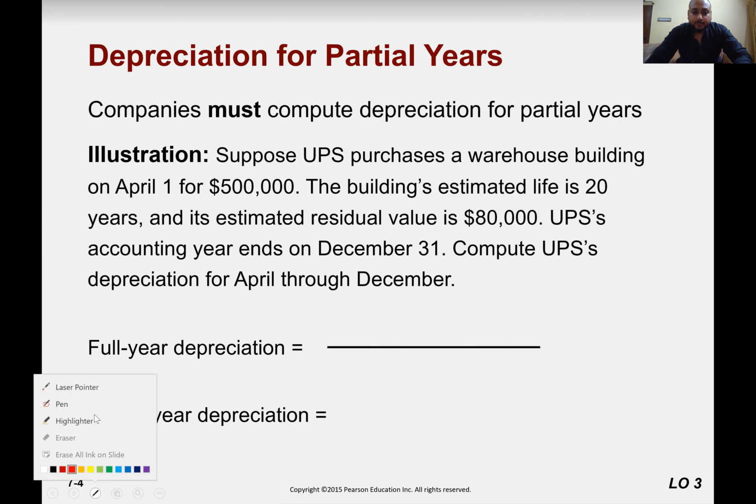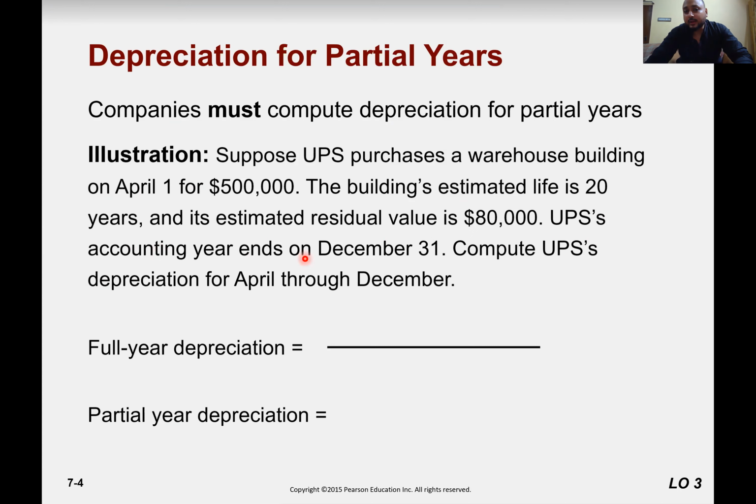Suppose UPS purchases a warehouse building on April 1st. Be very careful, very attentive to the dates here. April 1st, for 500,000. The building's estimated life is 20 years, and its estimated residual value or scrap value is 80,000.